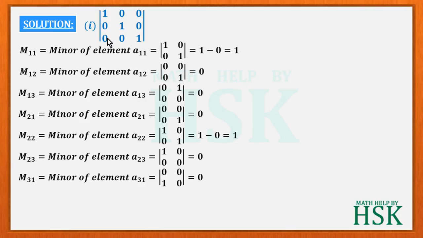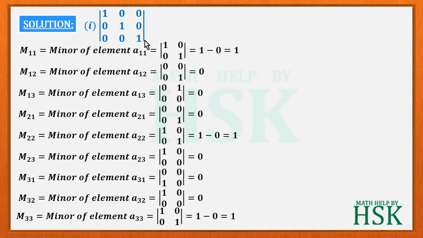M31 would be the determinant 0 0 1 0, again equal to 0. M32 would be the determinant 1 0 0 0, or 0. M33 would be the determinant 1 0 0 1, 1 minus 0, or 1.